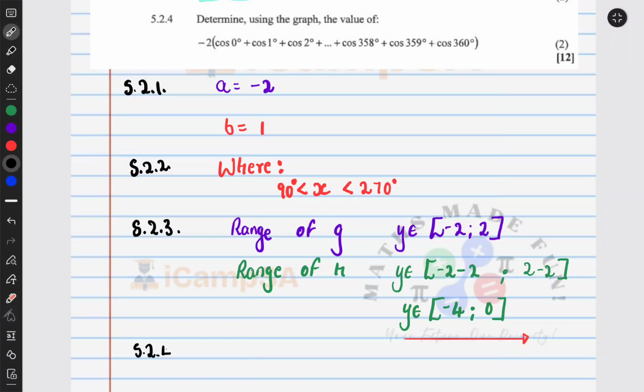It needs you to understand the angles, that when you add all the ratios of cos from angle 0 right up until angle 360 degrees, all those ratios will end up being equal to 1.